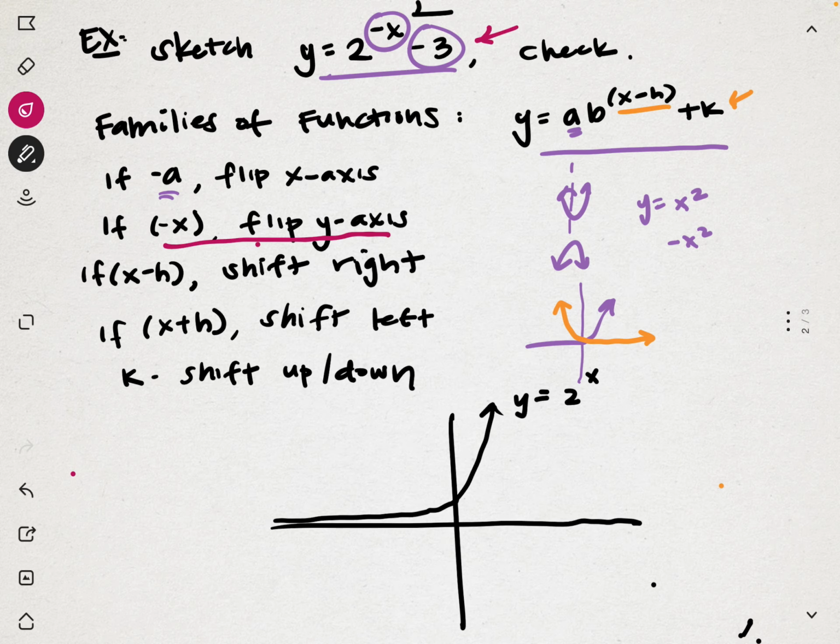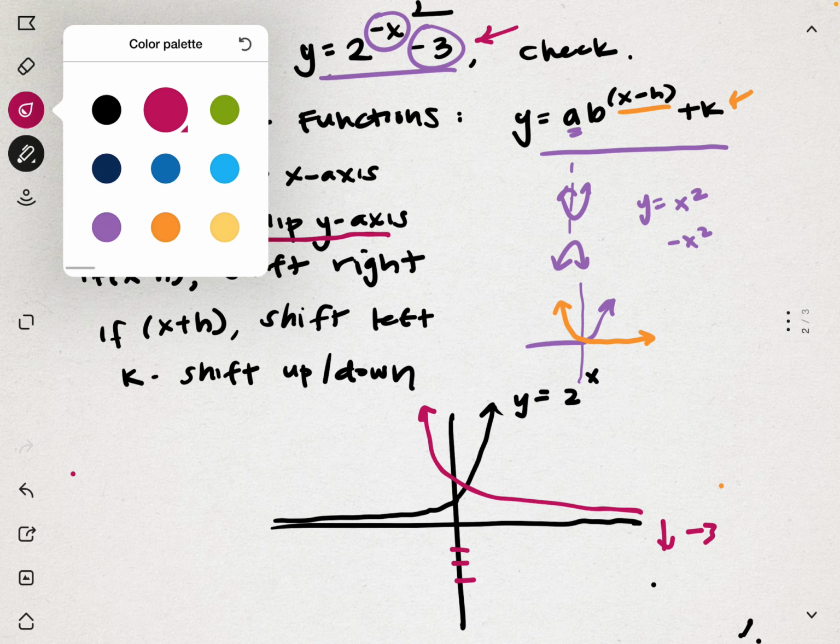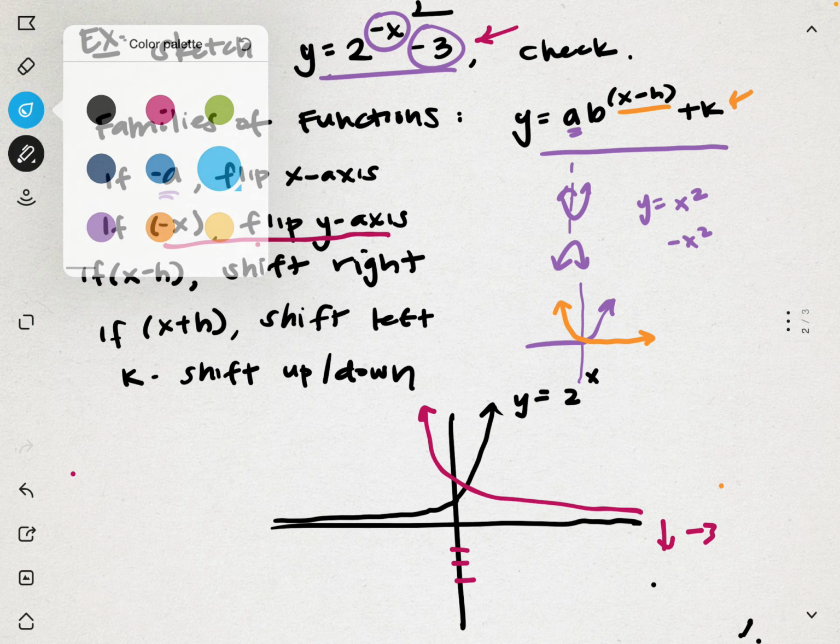So let's do one at a time. The first thing, we're going to flip it over the y-axis. So it looks like that. And then we're going to shift down 3. So 1, 2, 3. Let's do that in blue.